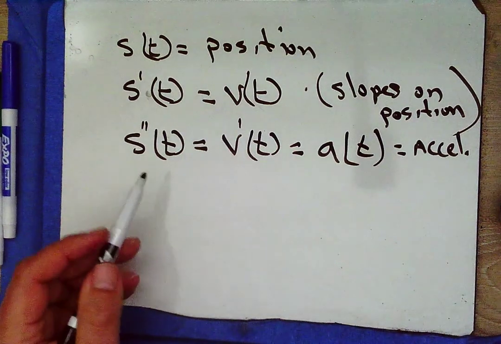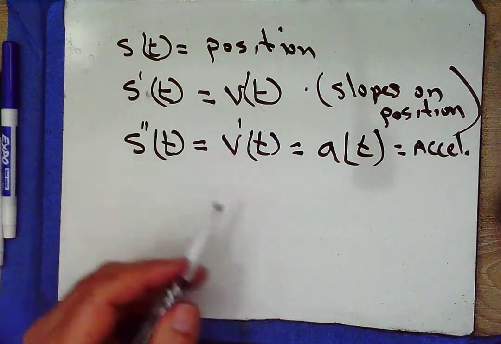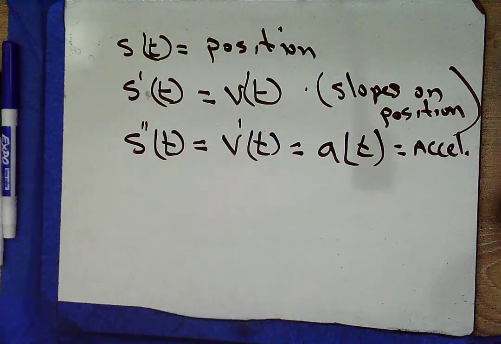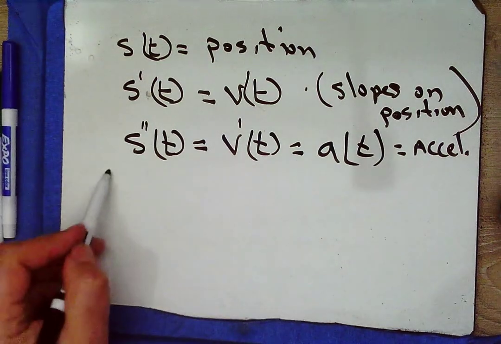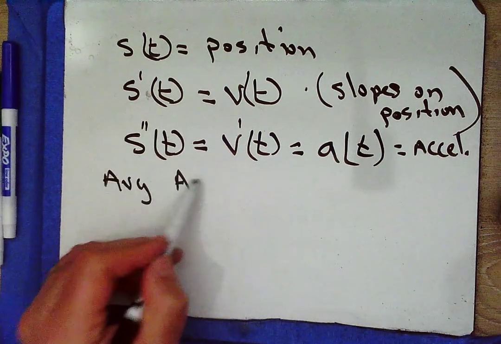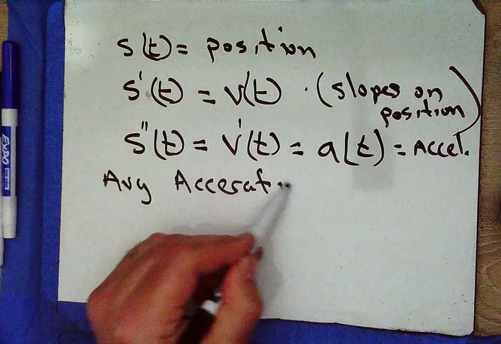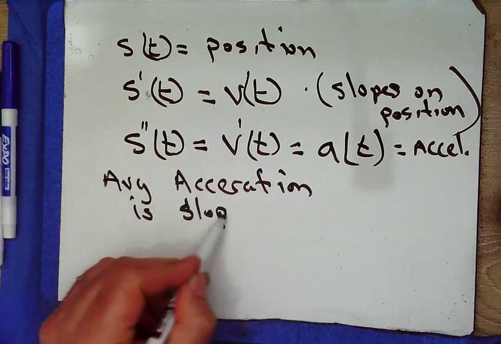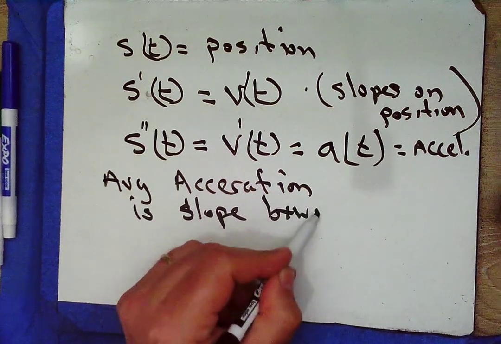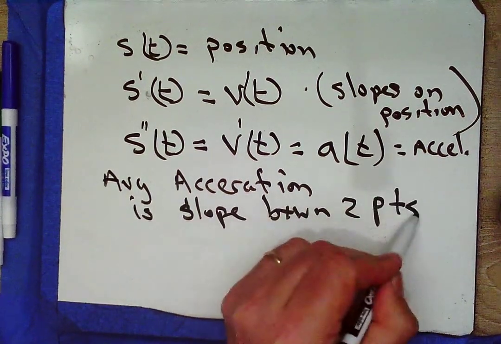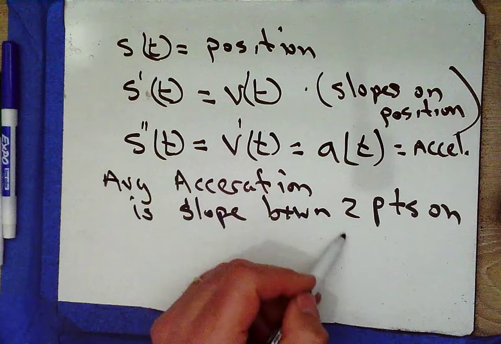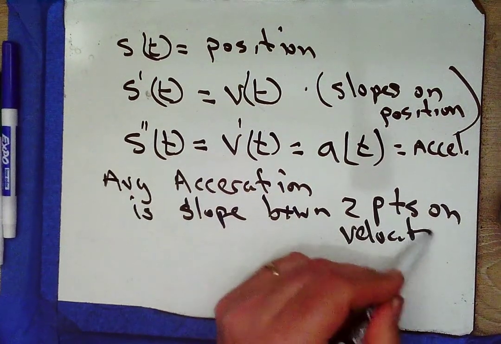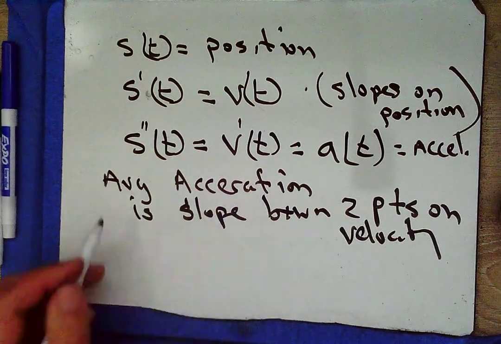And just like we had average velocity and instantaneous velocity, so too we can have average acceleration, which is going to be the slope between 2 points on velocity. Okay?